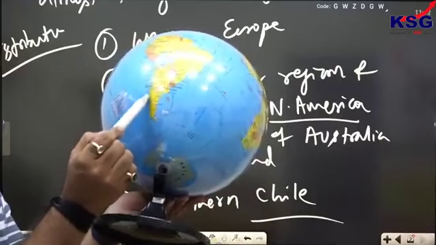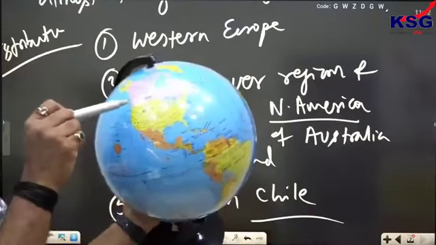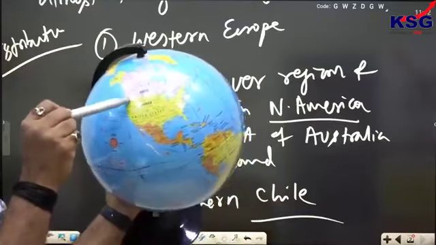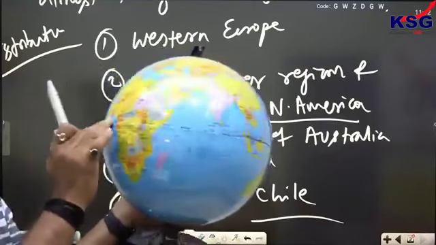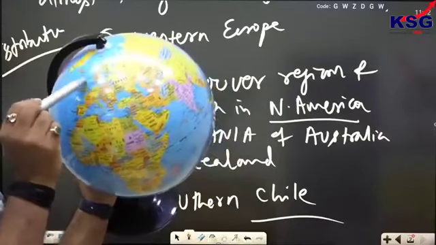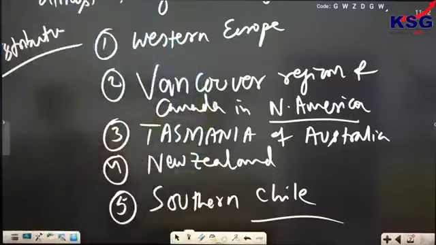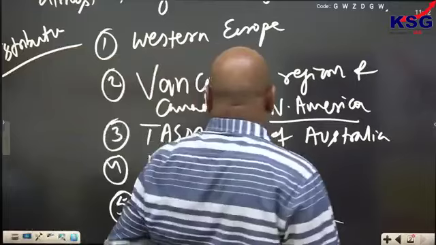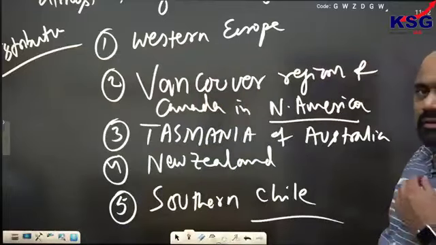Now here you can see Vancouver Island in Canada, near the US border, as well as the entire region of Western Europe. So these are the regions where you have the British type of climate: Western Europe, Vancouver, Tasmania, New Zealand, Southern Chile. So this is the distribution.